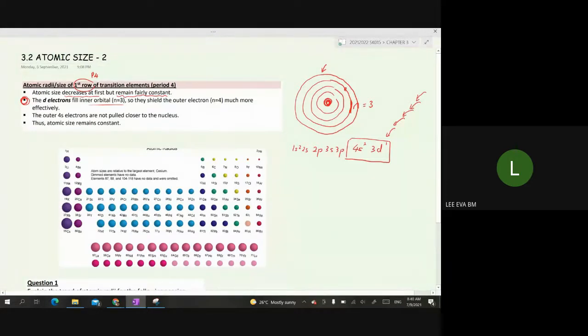Dekat sini memang akan ada banyak students akan tanya, madam, jadi kenapa kita kena masukkan 3D sebagai dia punya valence electron? Reason sangat simple, sebab D orbital belum penuh. So untuk valence electron kita akan ambil 4s dengan 3d. Kalau tak, valence electron awak ambil 4s2 saja, then setiap elemen dalam transition valence electron dia sama. So kita tak dapat nak bezakan.